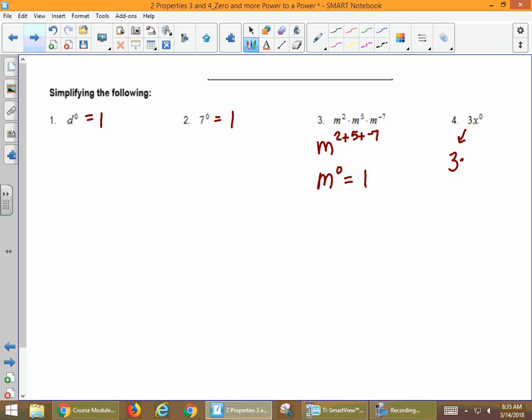This is just 3 times, and then this piece is 1. So 3 times 1 is 3. It is very, very common in this situation for students to just say 1, and then you get it wrong because you didn't pay attention to that 3 being in front of it. So you have to be careful about that.